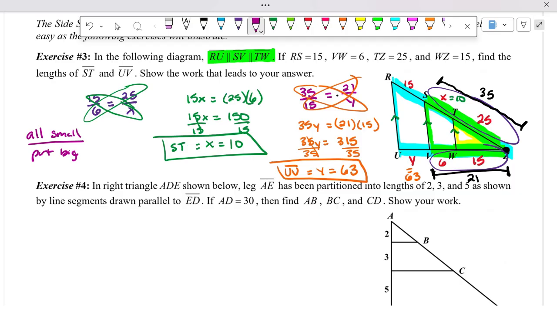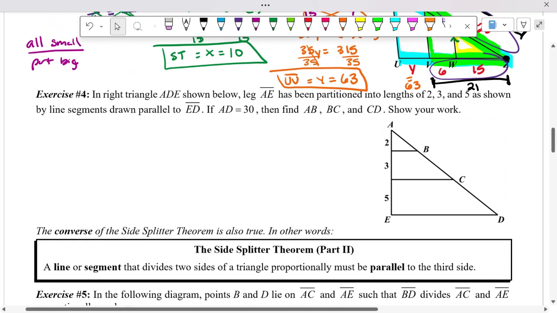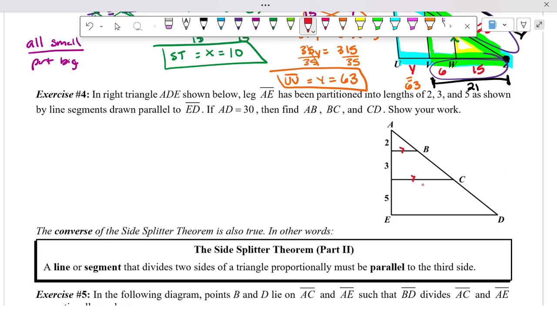All right. So let's try another one. In a right triangle, ADE is shown below. Leg AE has been partitioned into lengths of 2, 3, and 5. Now, the line segments are drawn parallel to ED. So that means all of these side lengths right here are parallel.